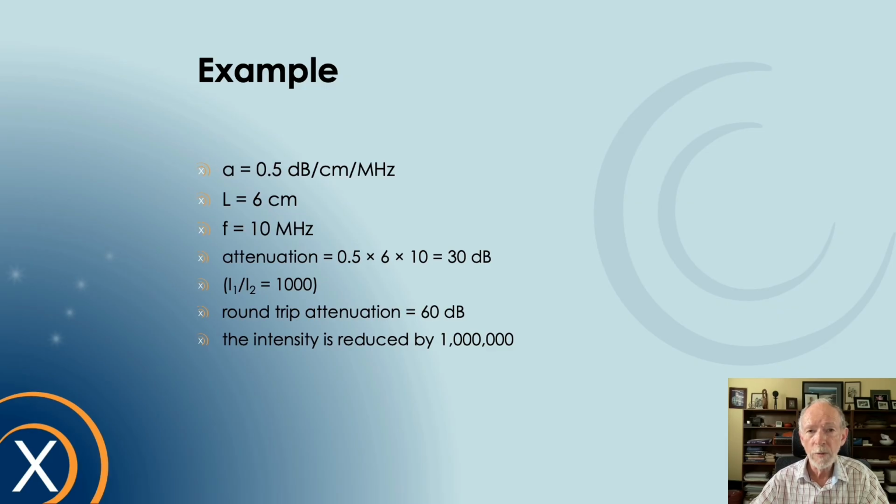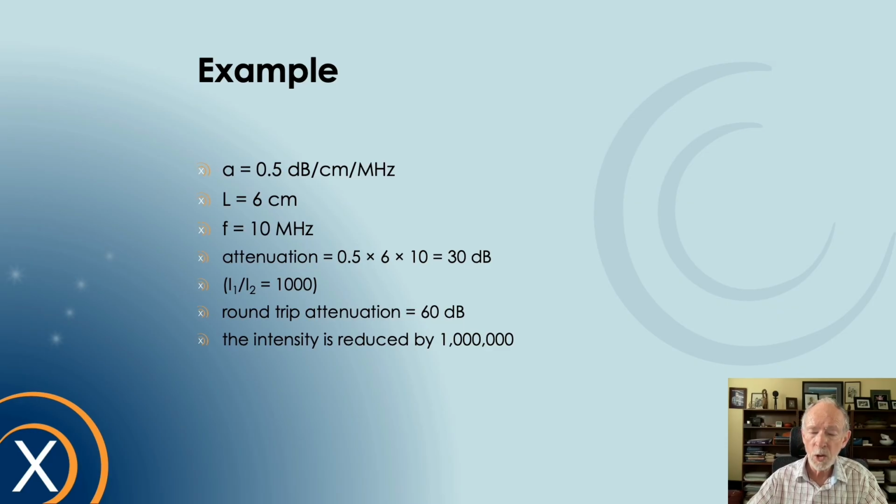Then, using the formula from the previous slide, we would calculate the attenuation is alpha times distance times frequency, and that gives us 30 decibels. Now, going back to the mathematical definition of decibels, I can work out from that therefore the intensity ratio must be 1000. So the intensity at 6 centimeters depth is 1,000th the intensity that was transmitted into the tissues.